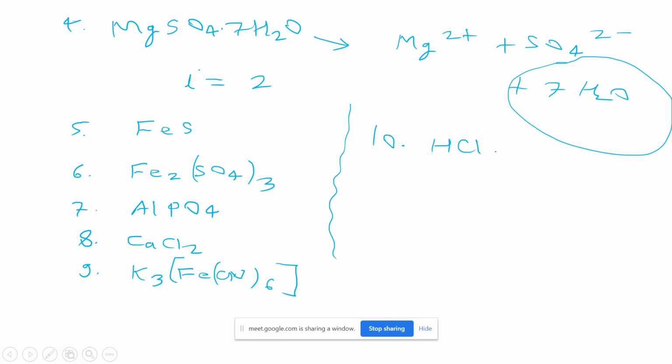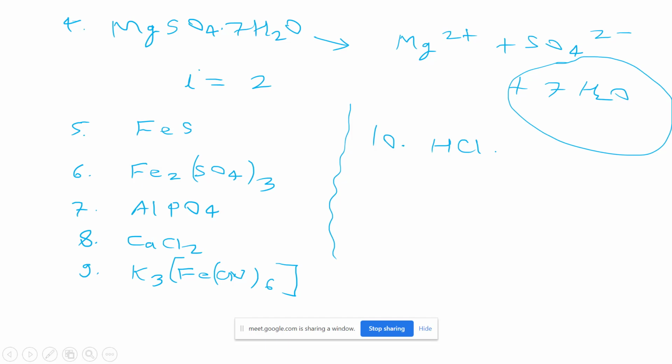For the next one, i is equal to 3. For the ninth one I am confused, but the tenth one is i equal to 2. For the complex compound, it ionizes to give 4.